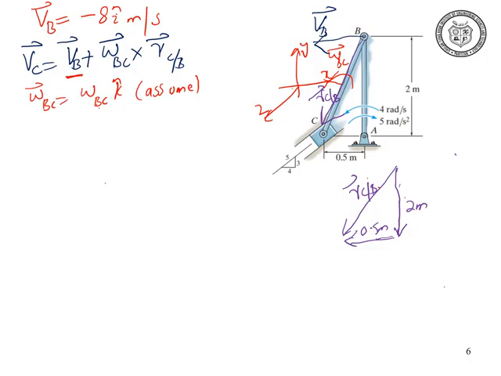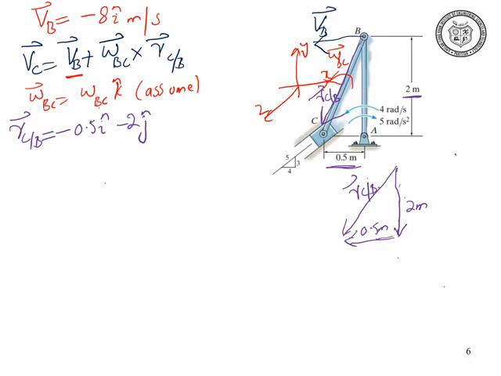As both components act in the negative x and negative y direction, we can write that RC with respect to B equals minus 0.5 i minus 2 j.